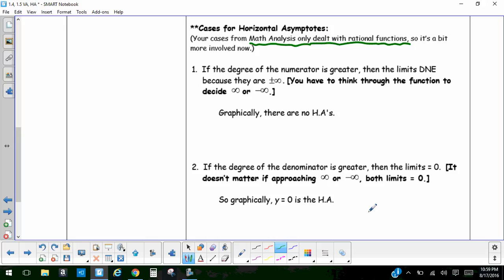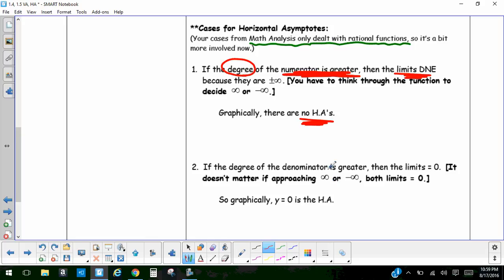We can deal with more complicated functions because you know how to take limits. But the basics of what you're used to from math analysis is if degree of numerator, so we're always looking at degree, if numerator is greater when we're looking at degree, then the limits do not exist. There are no horizontal asymptotes.